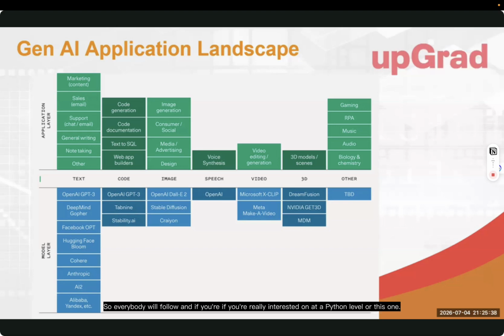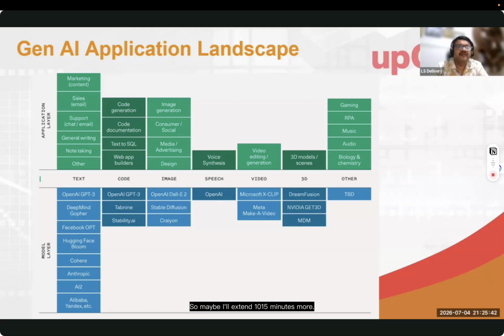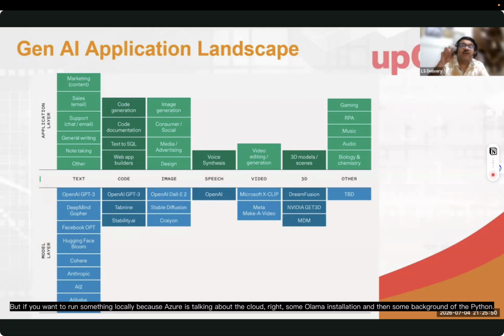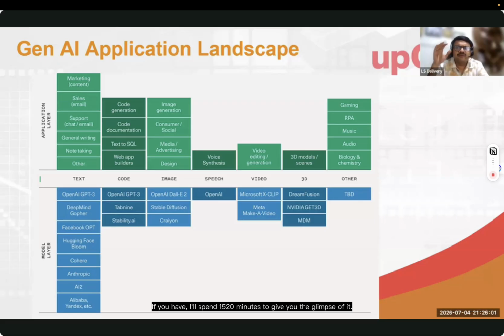And definitely, if you're really interested at a Python level, maybe I will extend 10-15 minutes more after the RAG coverage. It may not be for everybody else, but if you want to run something locally, because Azure is the cloud, right? Some Ollama installation and then some background of Python, if you have. I'll spend 15-20 minutes to give you a glimpse of it, and I'll give you sample code also.